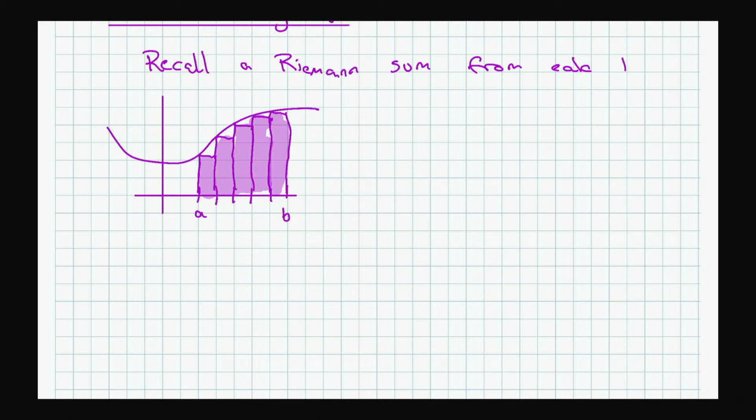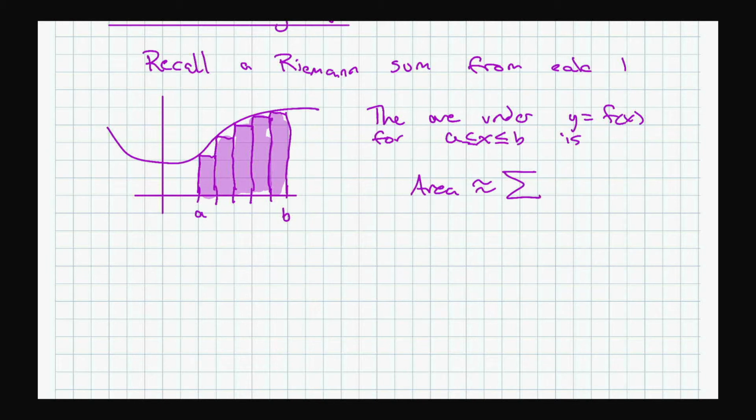What we would say is that the area under the curve, let's say y equals f of x, for x between a and b, is approximately the sum of the area of those rectangles.